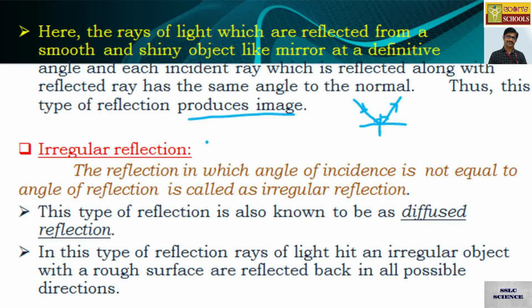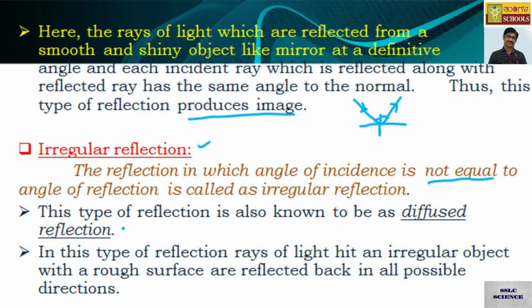Next one is the irregular reflection. The reflection in which angle of incidence is not equal to angle of reflection, that is irregular reflection.